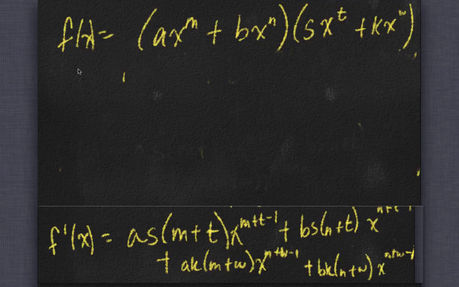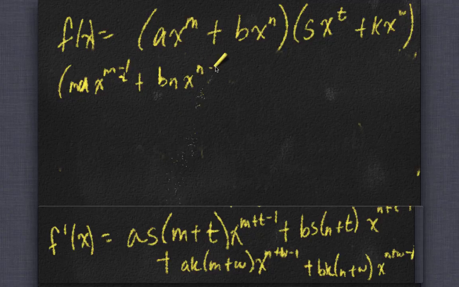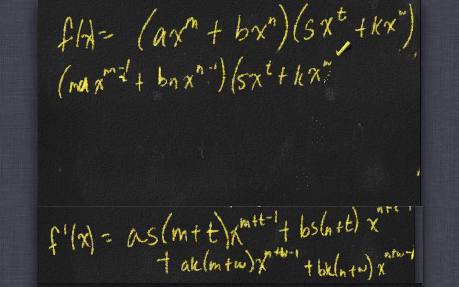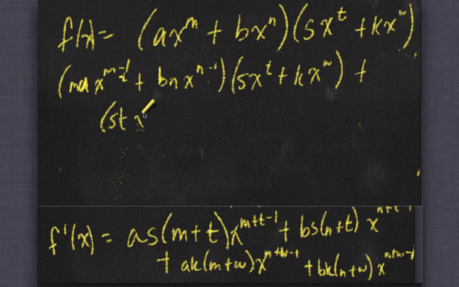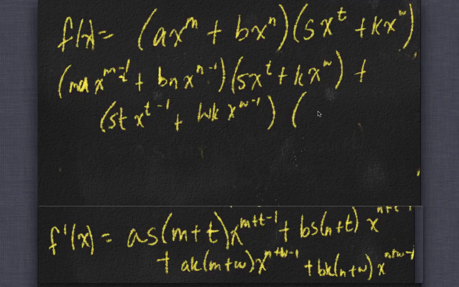So if I take the derivative of the first, that's ma x to the m minus 1 plus bn x to the n minus 1 times the second guy, plus, now the derivative of the second guy times the first guy.